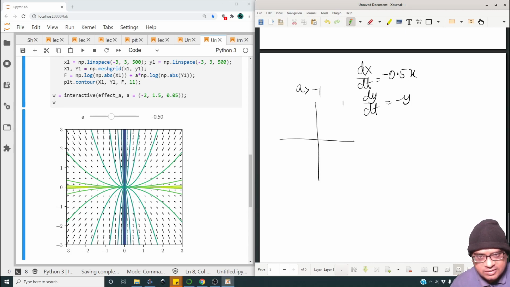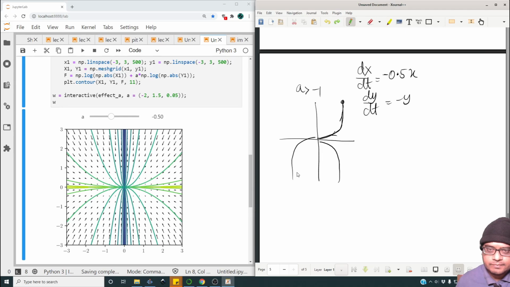So the trajectories are faster in the y direction and then slower in the x direction. So the trajectories travel towards the x-axis faster than in the y-axis. So hence the trajectories look something like this. Okay, it's moving faster along the y direction. It's just a swap of the initial case where a was less than minus 1. Okay, so the arrows also indicate the direction of the motion.